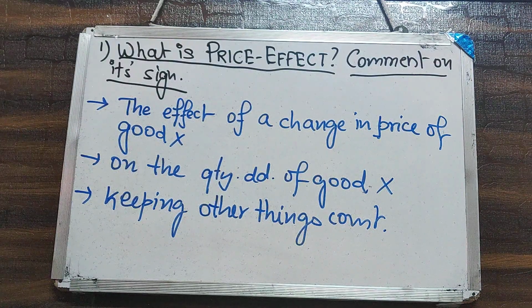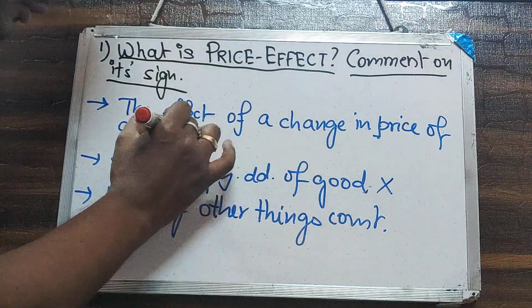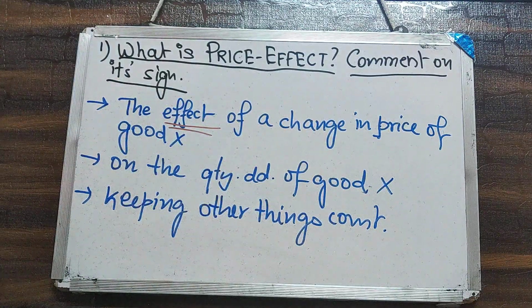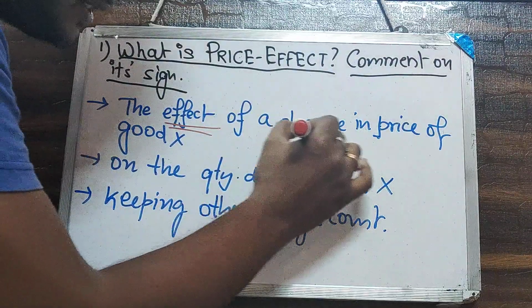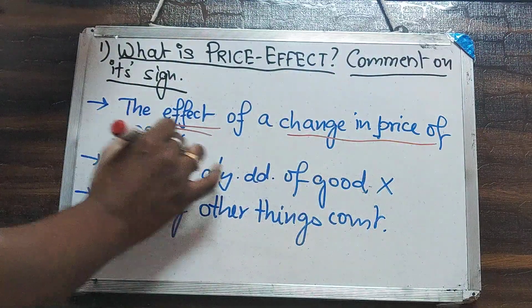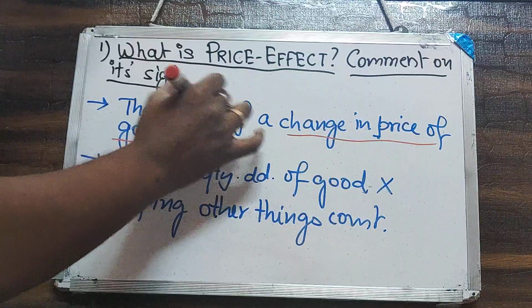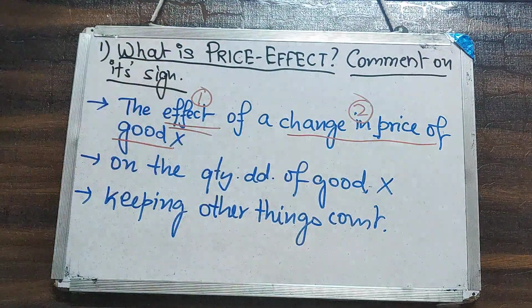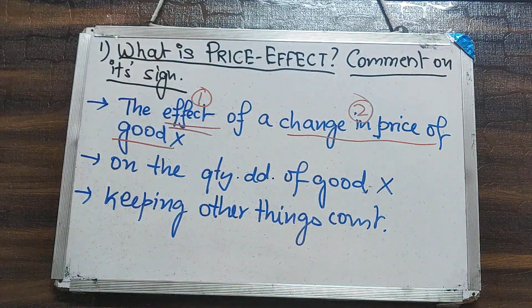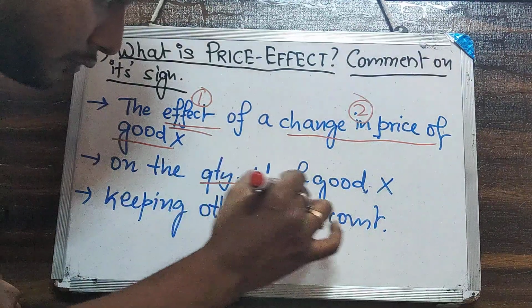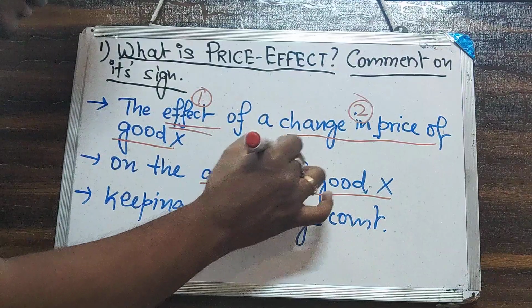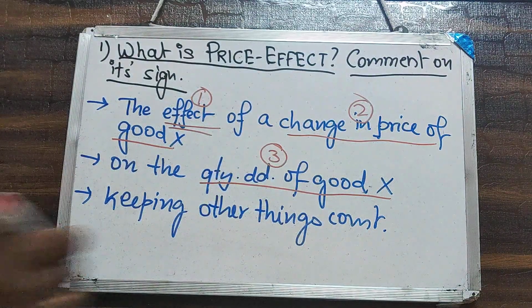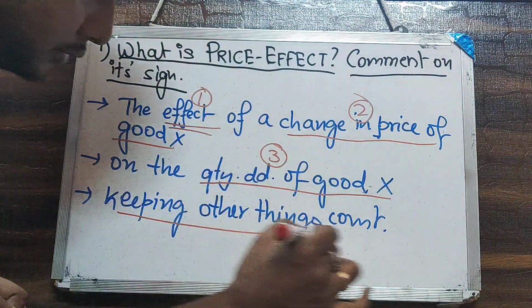So what is price effect? It is an effect. Now effect of what? Of a change in the price of a commodity, say commodity X. Now effect on what? On the quantity demanded of good X, keeping all other factors constant.